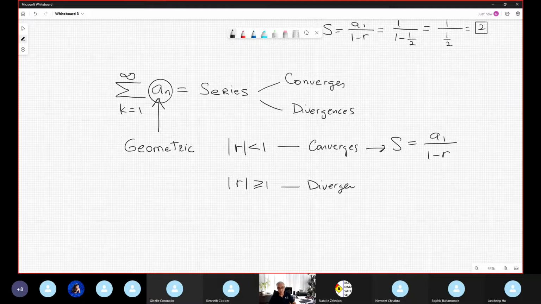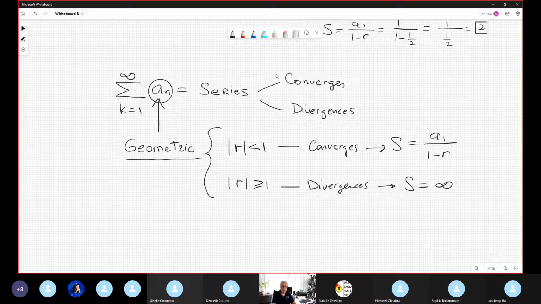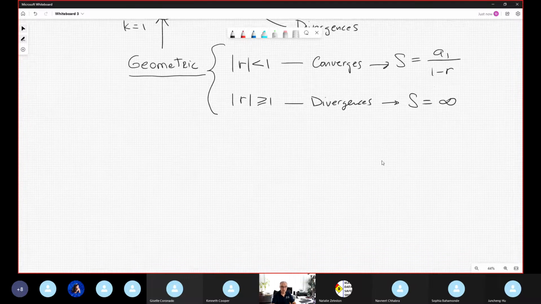And diverge means that this summation is infinite. Cool? Do you understand now? I promise that the teacher in Calc 2 explains not only geometric, but you anticipate. Geometric is, in my opinion, the easy case of convergent or divergent. Clear?